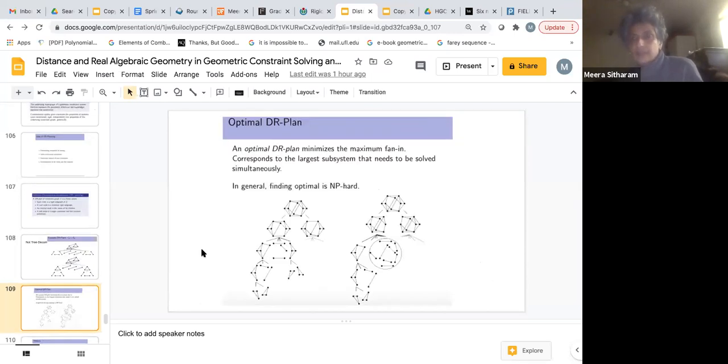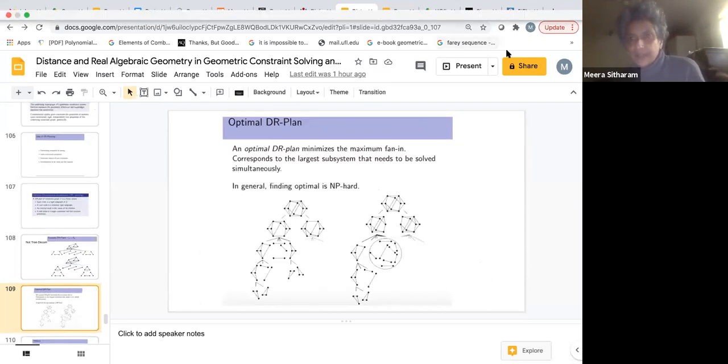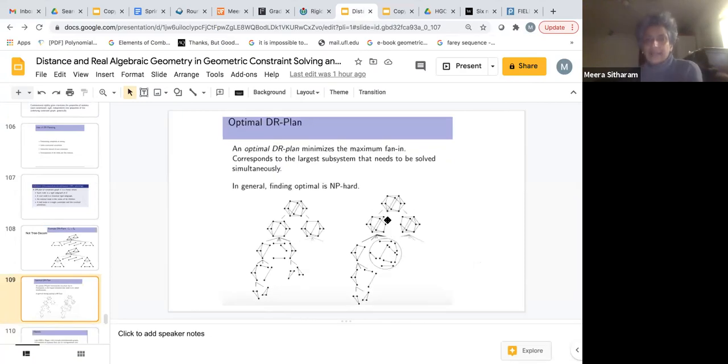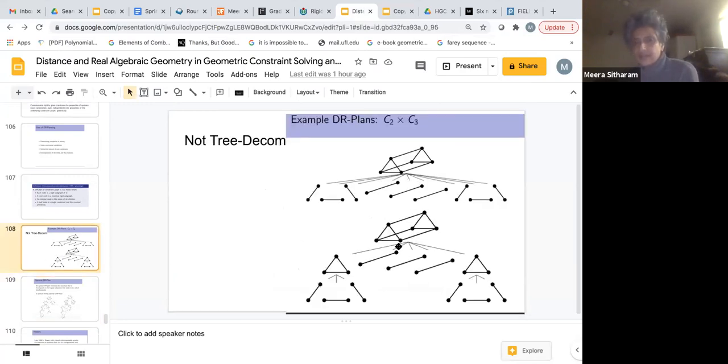Okay. So now an optimal DR plan is one that minimizes the maximum fan in. By fan in, I mean, here's a tree. The fan in for a given node is the number of children it has.